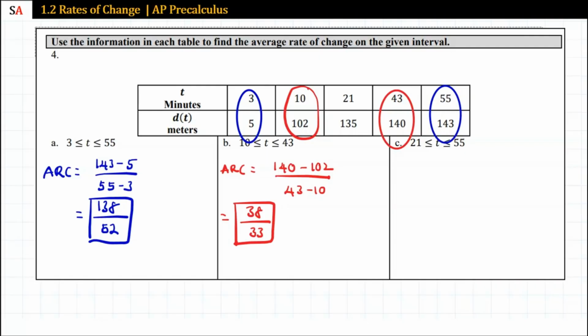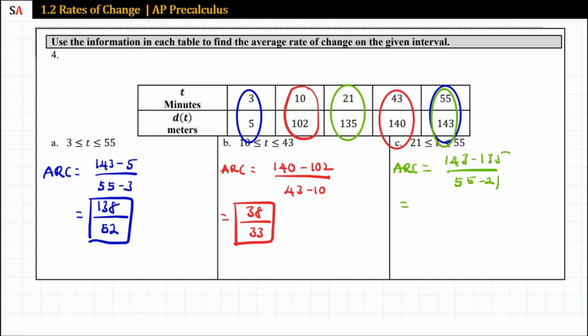At 21 we have 135, and at 55 we have 143. Therefore, the average rate of change is y2 minus y1, that is 143 minus 135, over x2 minus x1, which is 55 minus 21.